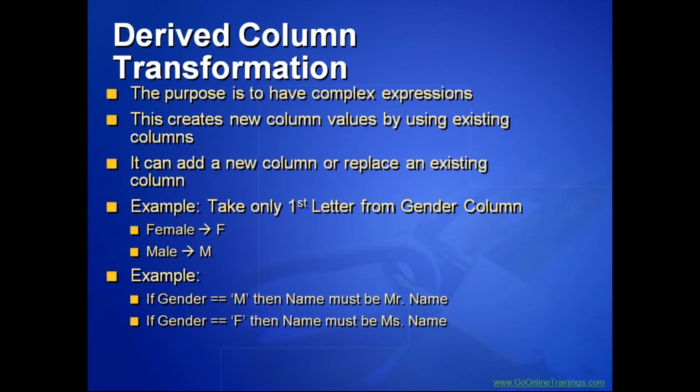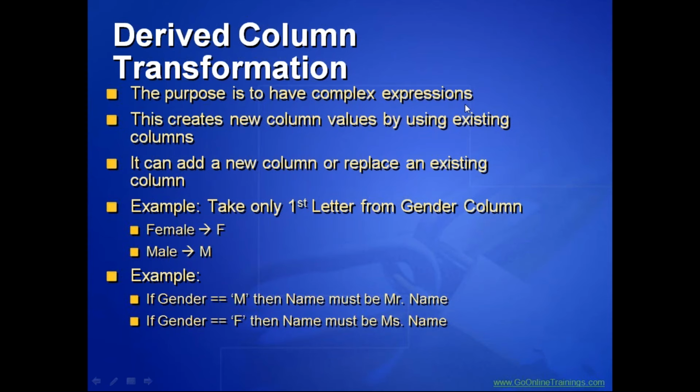Clear? So derived column is heavily used in packages, and we have never seen any packages without a derived column, and lookup transformation and data conversion transformations. These are heavily used transformations. Derived column means you have to always understand writing complex expressions.